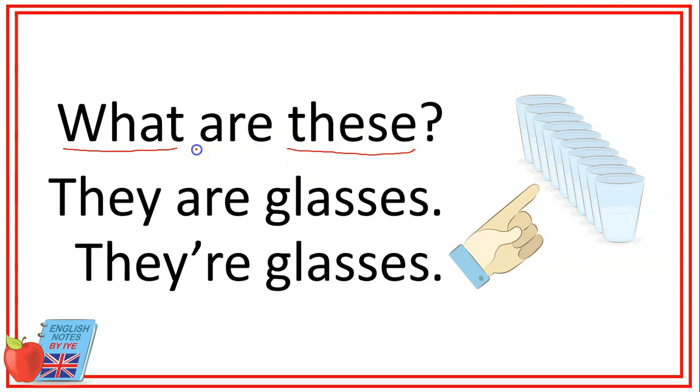So in that case, we use the verb to be are, and the verb to be goes before the subject because we are asking a question. Now, these and those are substituted by the pronoun they because we are talking about plural objects. So the answer will be they are glasses, okay?